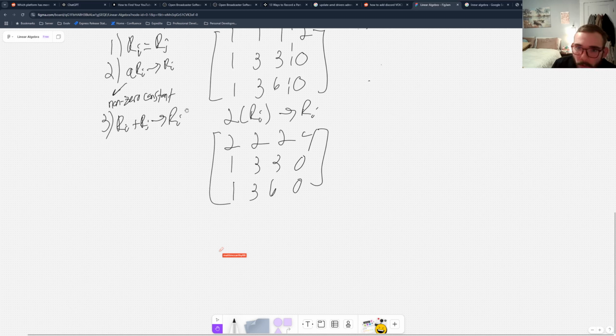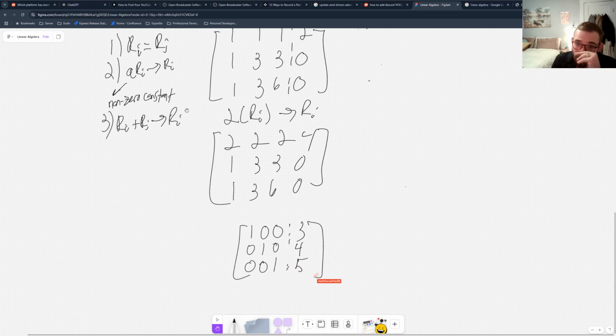Right? So what's our goal? The ideal thing that we could get would be something like this. This would be the ideal. 1, 0, 0, 3, 0, 1, 0, 4, 0, 0, 1, 5.